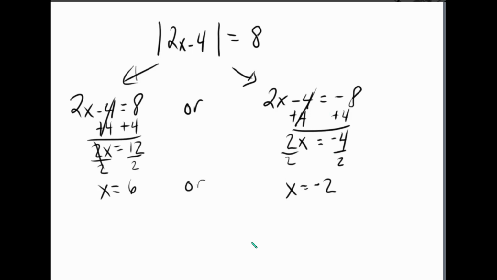All right, let's try another one. Let's take a look at the absolute value of 5x plus 2 is equal to 22. If you would like to pause the video this time and try it yourself and then check it, you can. If you want another example, just stay along with me.